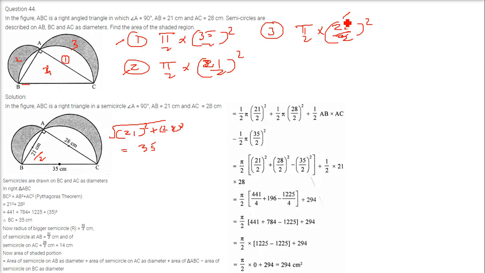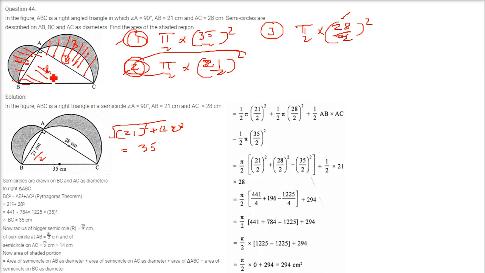The second one we have to subtract. Please understand, this 35 by 2 one has to be subtracted. So we'll find out this whole area plus this whole area, and we'll add them.